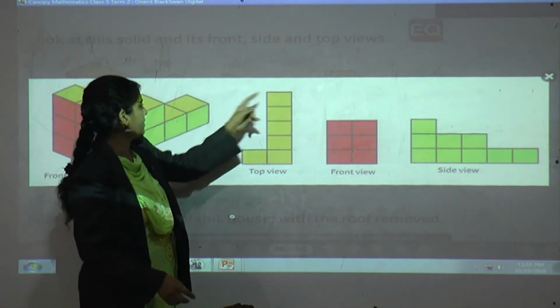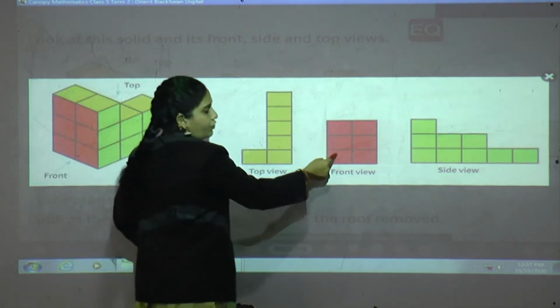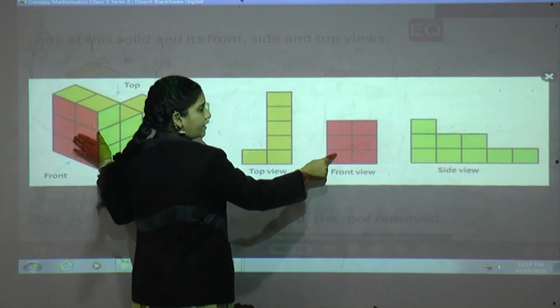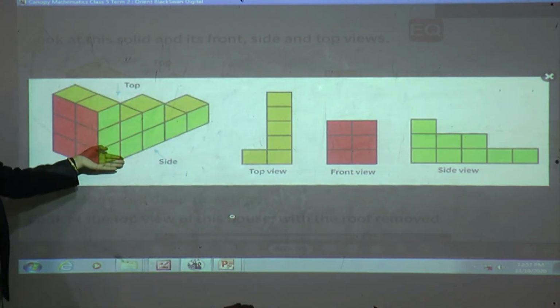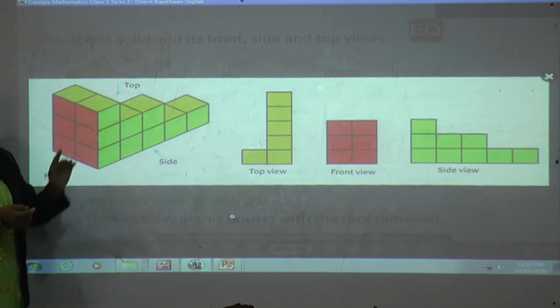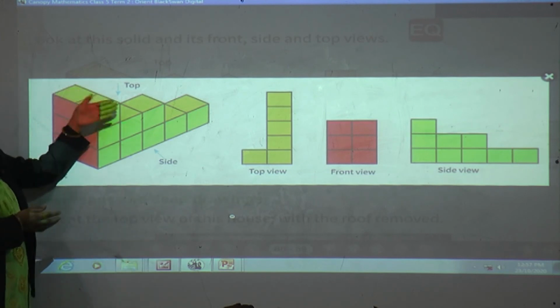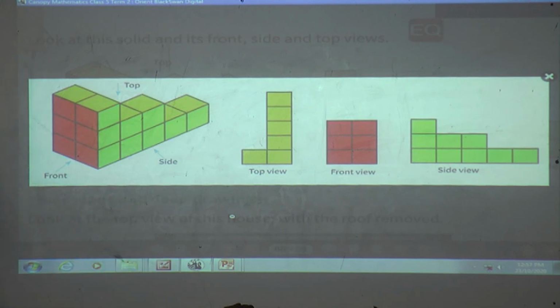So see carefully. Top view and front view are given in red color, and in green color they have given the side view. So all of you know top, side and bottom, even the front. So according to this we have to identify which one is a top view, which one is a side view, which one is a front view. Okay, so we'll see the next point.